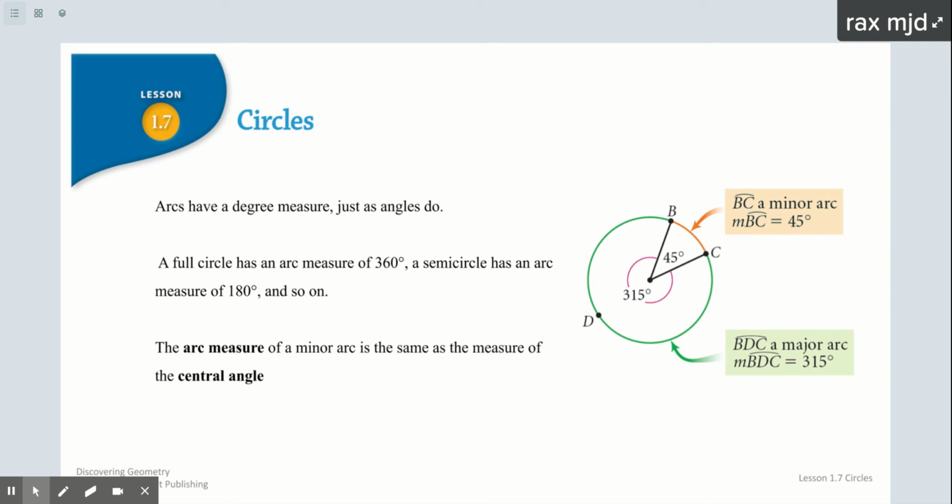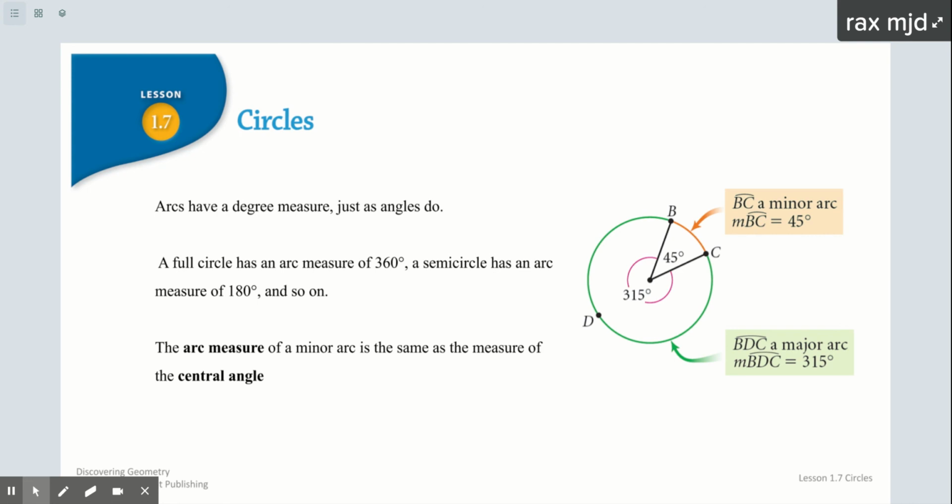So a central angle has its vertex at the center of the circle.